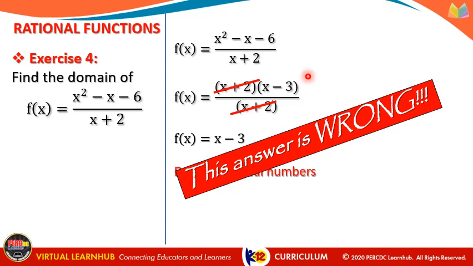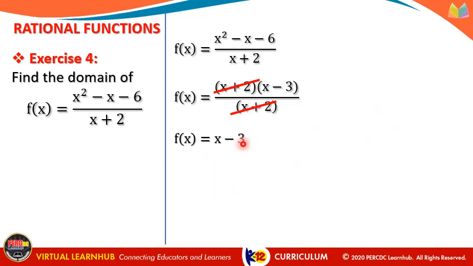Huwag kalimutan yung original function. Hindi porket nawala yung x plus 2 sa numerator at denominator, okay na tayo. Actually, hindi. Yes, sa bandang huli, pag sinimplify mo, magiging x minus 3. Kaya lang, wag mong kakalimutan yung original function. Take note, sa original function, kailan ba magiging 0 yung denominator, di ba?